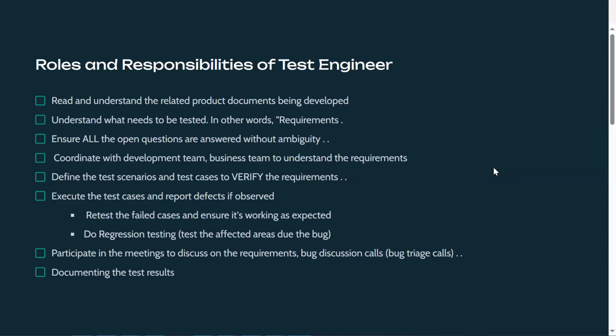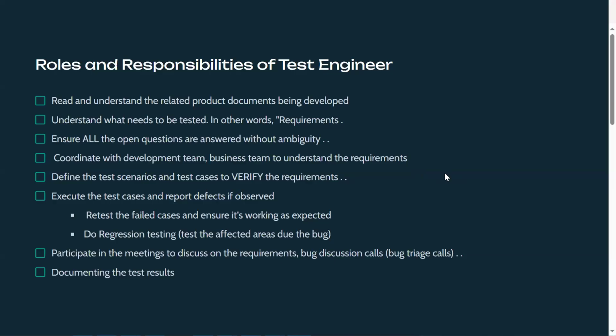If the same situation arises and you don't document, everything is lost. The other one is team collaboration and, as I said earlier, continuous learning and improvement. These are the steps followed by any test engineer once they log into the office.